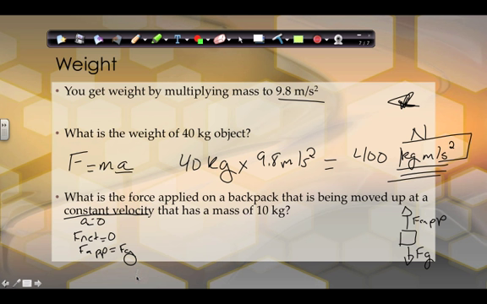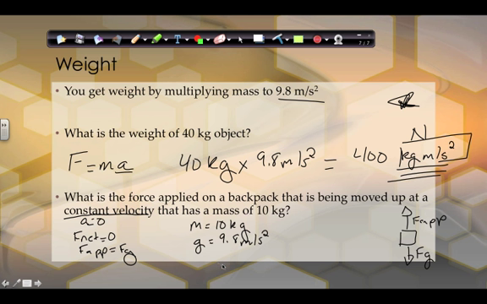All right, so if I want to know what the force applied is, I need to know the force of gravity. I know the mass of the object, it's 10 kilograms. I also know the acceleration due to gravity is 9.8 meters per second squared. So I'm going to get the weight first, and then once I know the weight, I know the force applied.